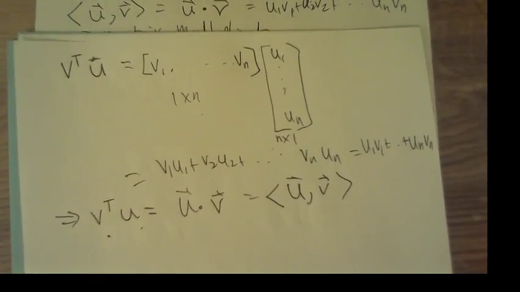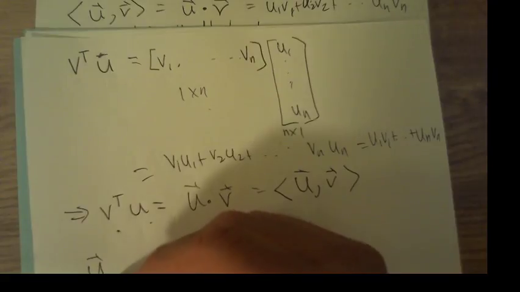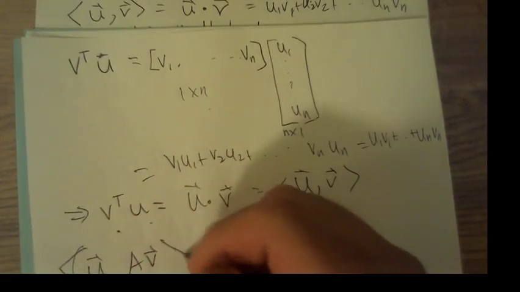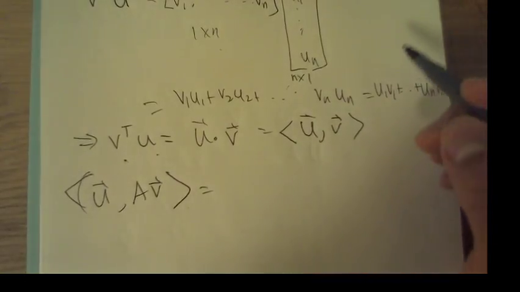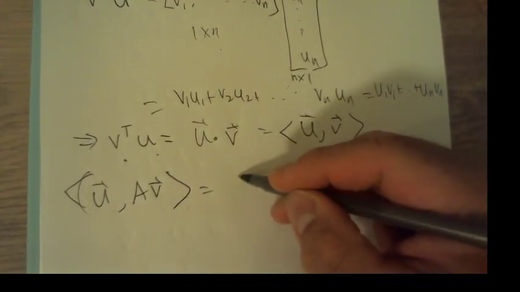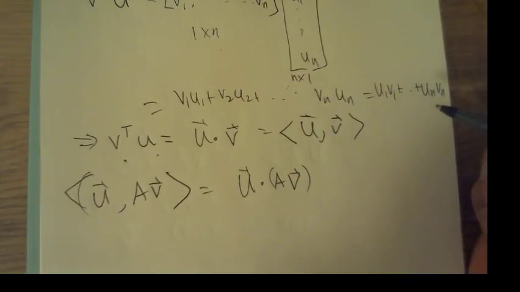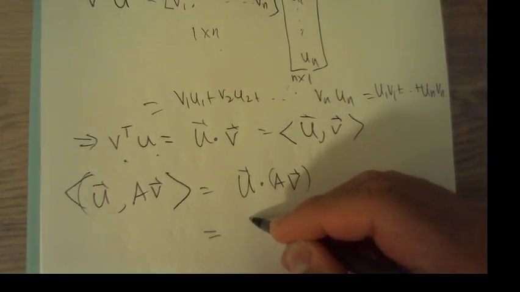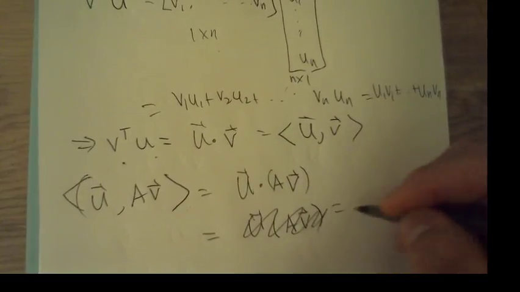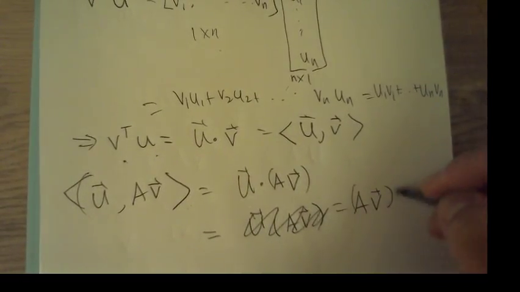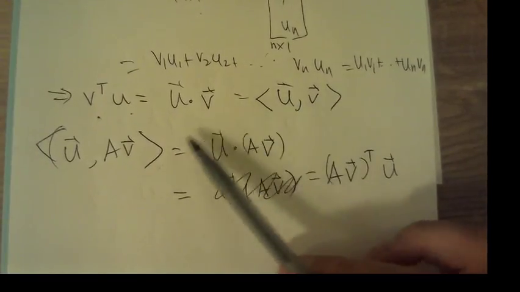All right, well, now let's apply it to what we're trying to prove. We want to show here, now if I use this notation, what we have is U dotted with AV, or U times AV, excuse me. And that comes from the above here, right?